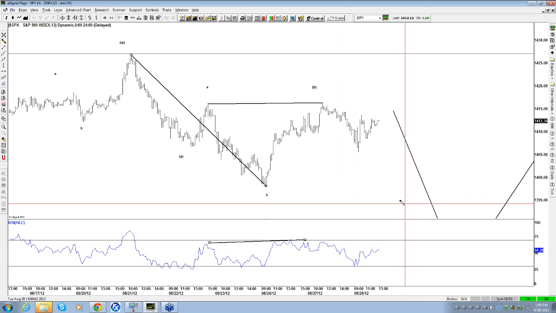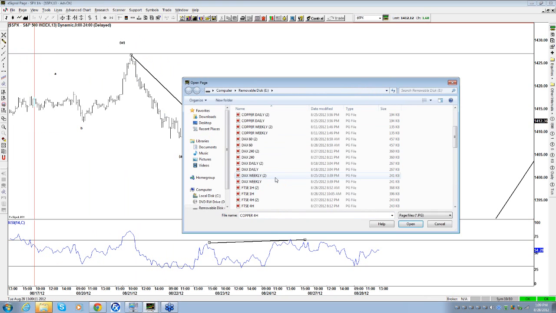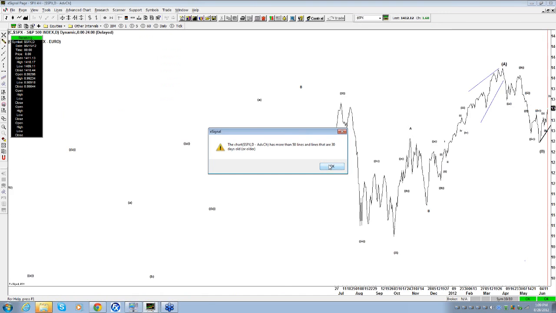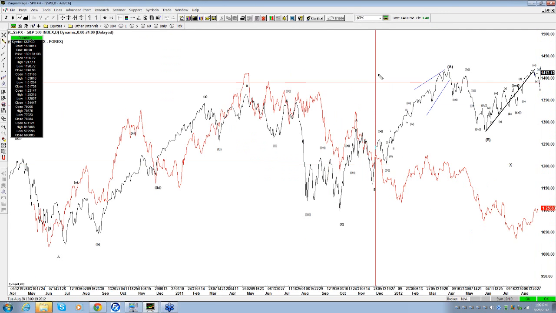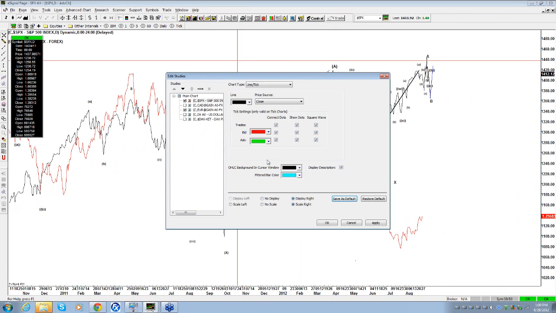With that in mind, translated in English, this is not the top in the S&P. Translated also in simple English, that means this is the count that we should follow in the S&P 500.